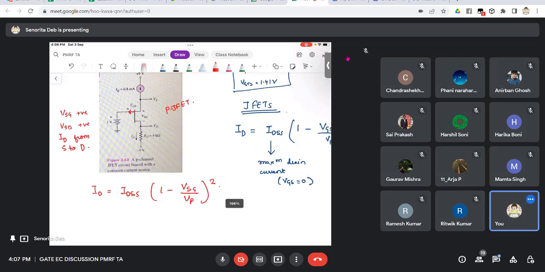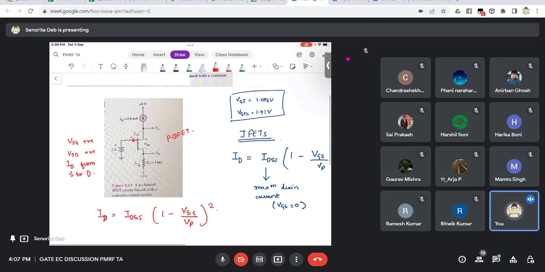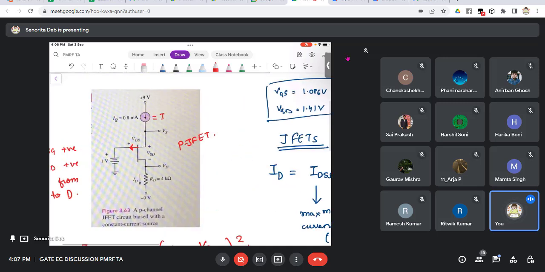Now what is ID? They have placed a current source, so in that branch the current is defined. So ID is 0.8 milliampere. This ID will flow from here, and this is the same ID that will flow from here, because here there is zero current, right?